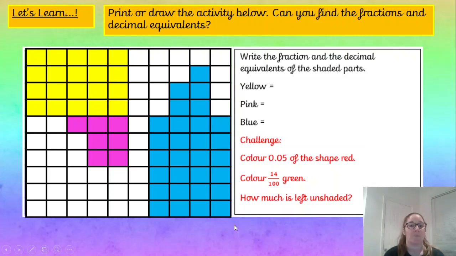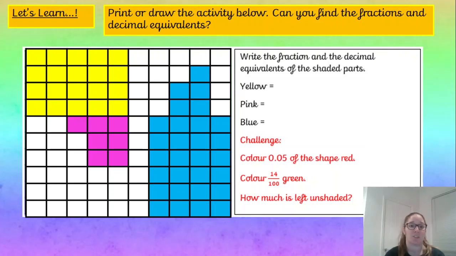Okay, if you want an extra challenge, can you colour 0.05 of the shape red and 14 hundredths green? How much is left unshaded? So how much of the shape is left unshaded? Have a go at that, pause the video. If you do want to print it out, that's absolutely fine.